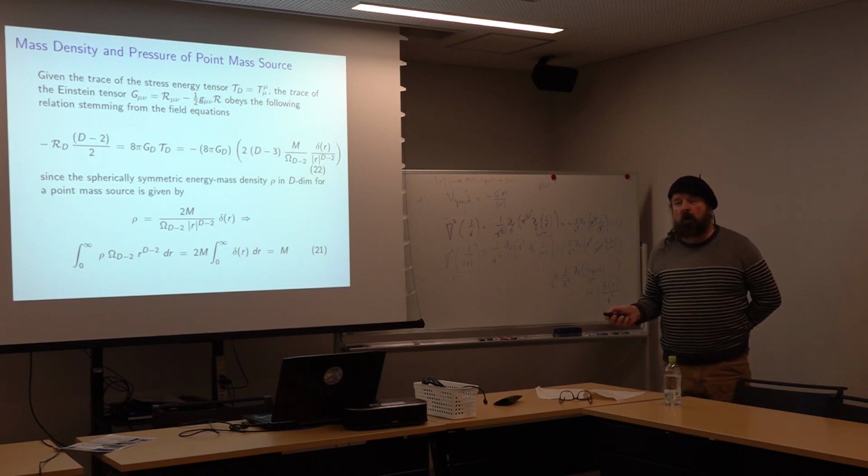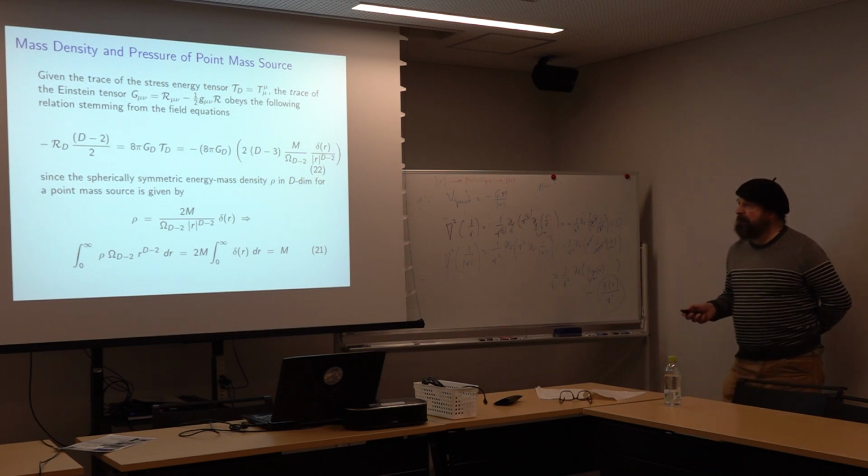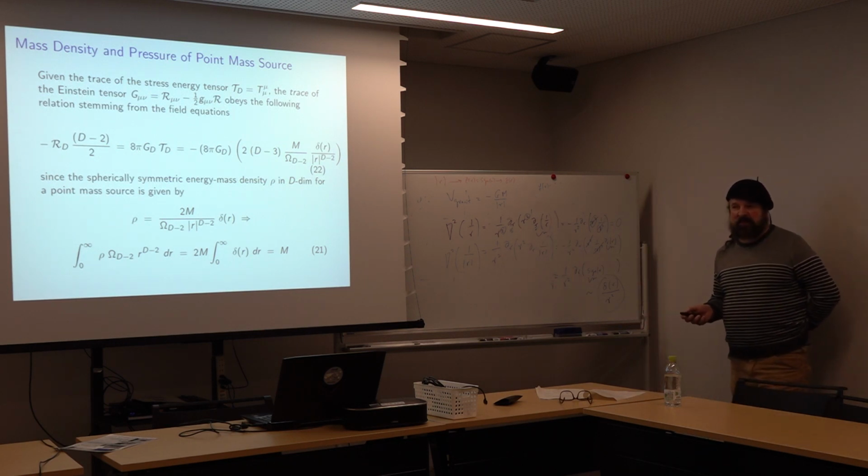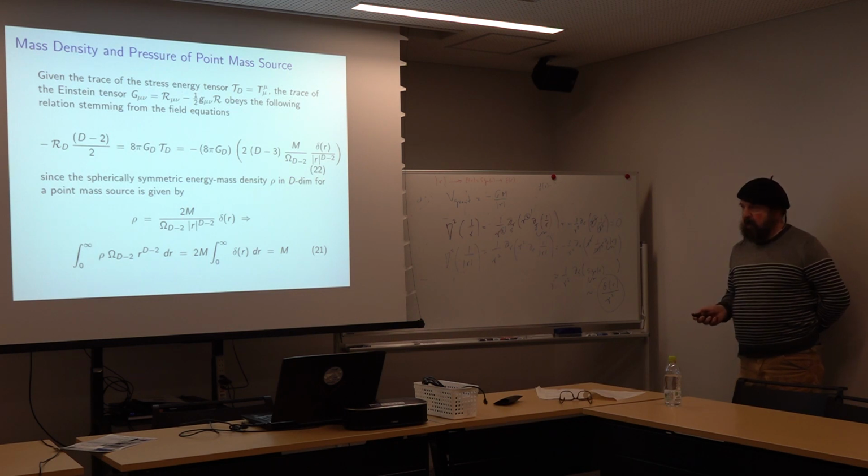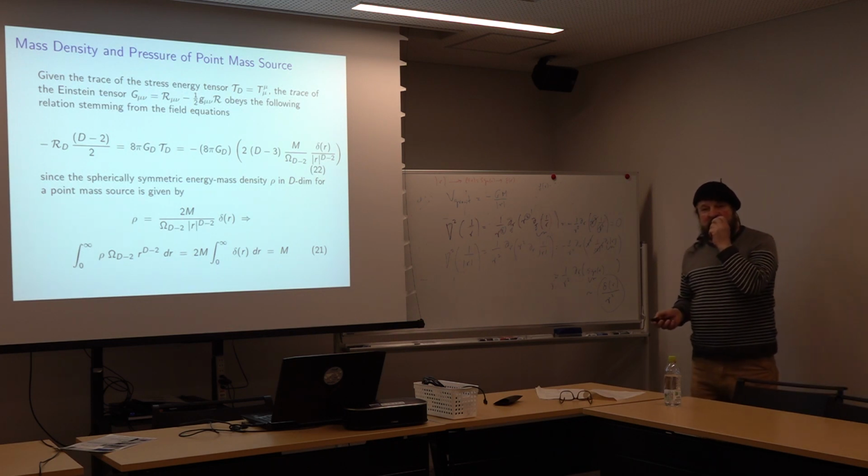5 minutes. Okay. So if you want to find what is the mass density associated, remember I have a metric. I evaluate the Einstein tensor. I do all the algebra. Then at the end of the day, I have to get something which is not 0, because I need to get something in the right-hand side that gives me the stress energy tensor.